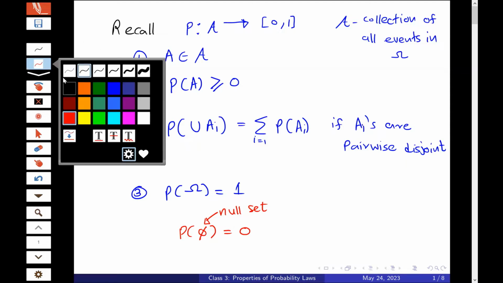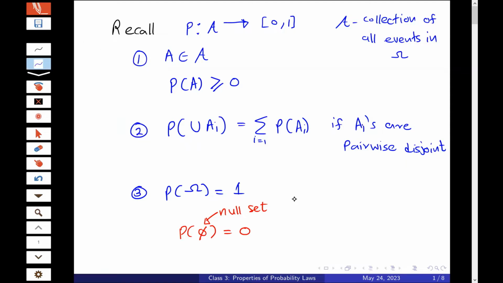And we did one more thing. If A equals omega 1, omega 2, and so on, then the probability of A is the probability of omega 1 plus the probability of omega 2 and so on.